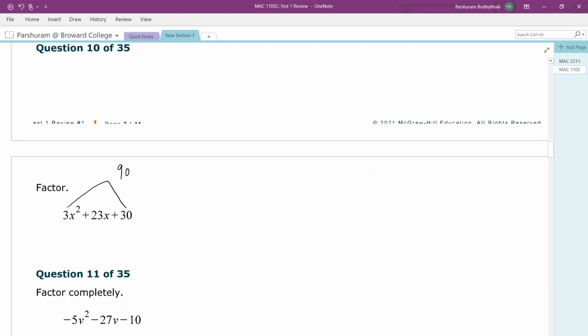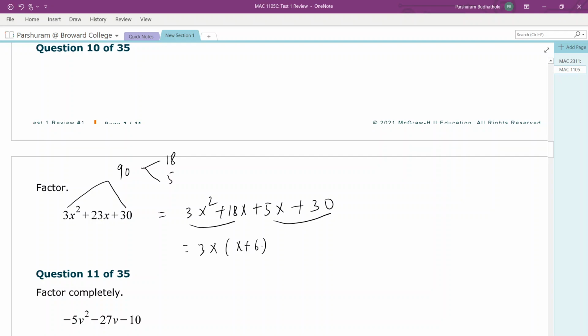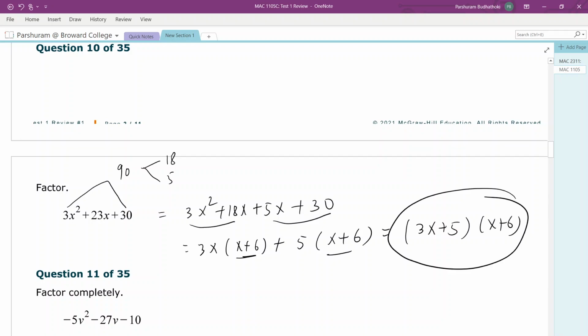Okay, so for factors of 90, 18 times 5 is 90, and 18 plus 5 is 23. So we can split this as 3x squared plus 18x plus 5x plus 30, and we can use the same trick here. We can factor out 3x, which gives us x plus 6, and we can factor out 5 from the last two terms, which gives us x plus 6 again. So finally the factors are 3x plus 5 and x plus 6. These are the two factors.